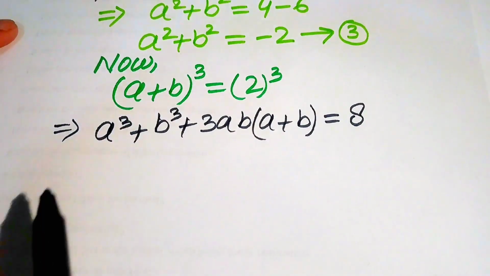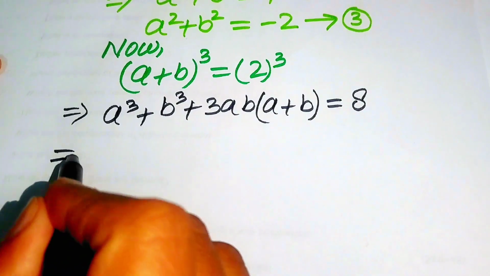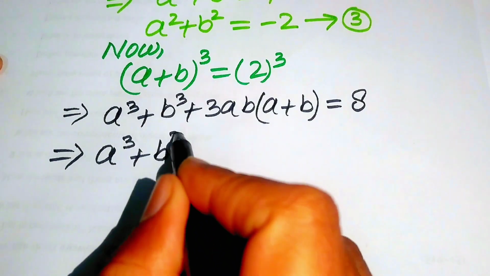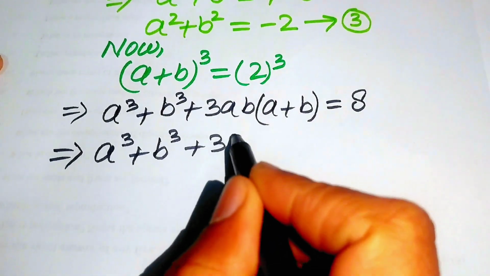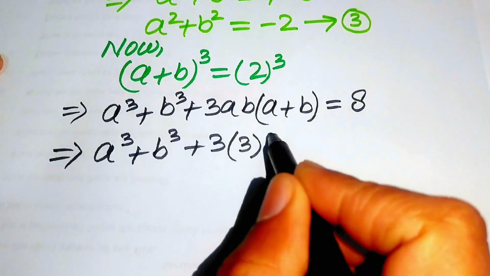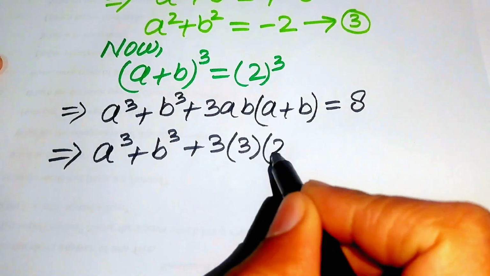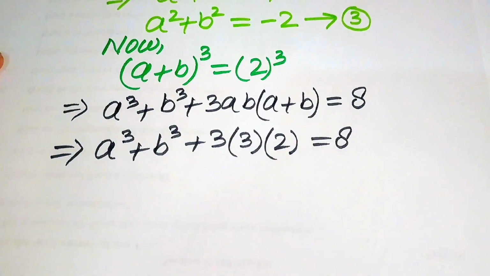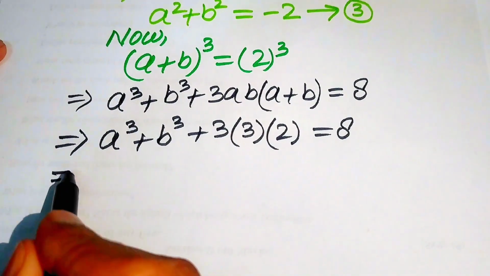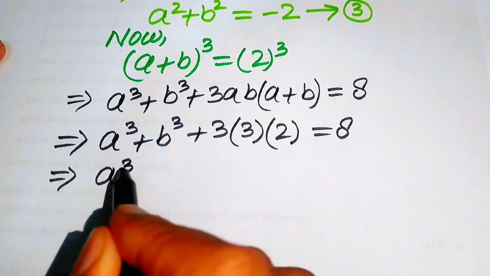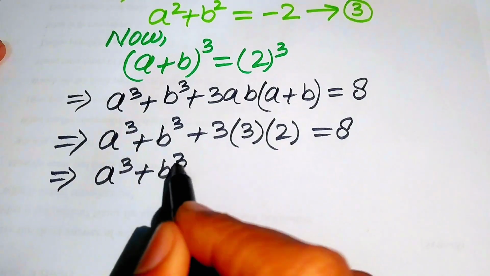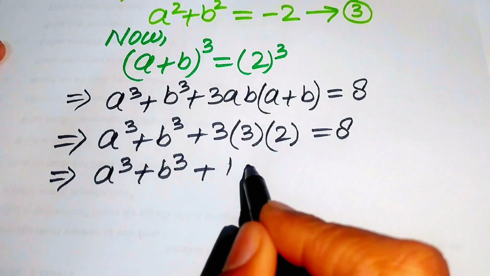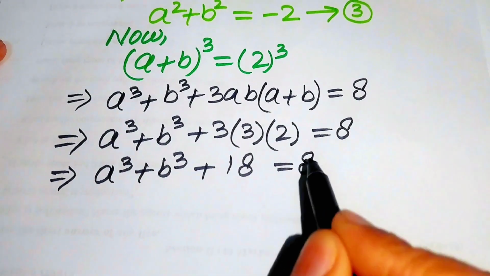So we use these two values in this equation, and we get a cubed plus b cubed plus 3 times ab, and our ab is 3, and a plus b equals 2, and this whole equation equals 8. Now we simplify this equation, and we get a cubed plus b cubed plus 3 times 3 is 9, and 9 times 2 is 18, and this whole equals 8.